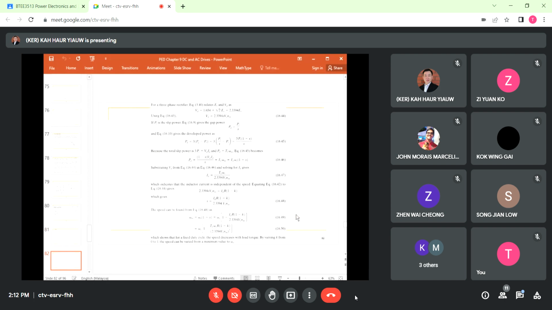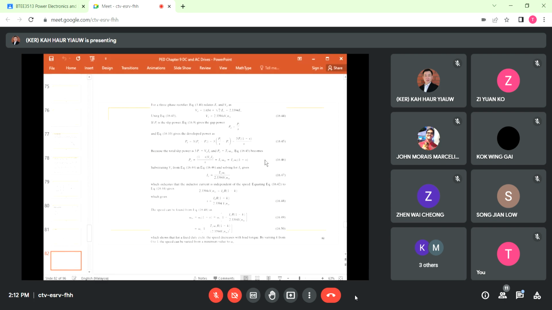For a three-phase rectifier, equation 43 relates VD to the voltage, as VD is equal to this equation. That should give you the value in equation 44 here. If PR is the slip power, equation 9 gives the gap power equal to this value, and equation 10 gives the developed power as in equation 45 here.